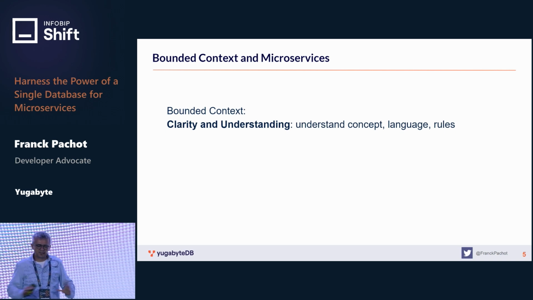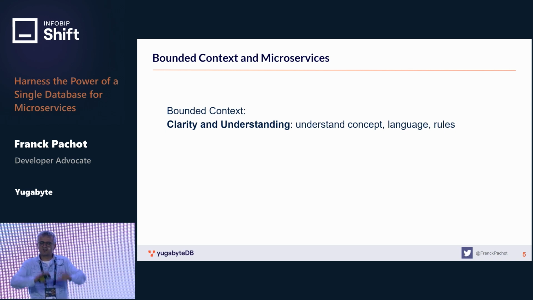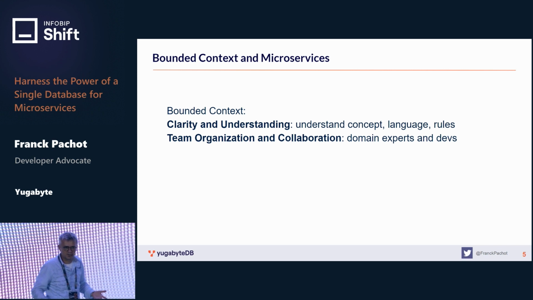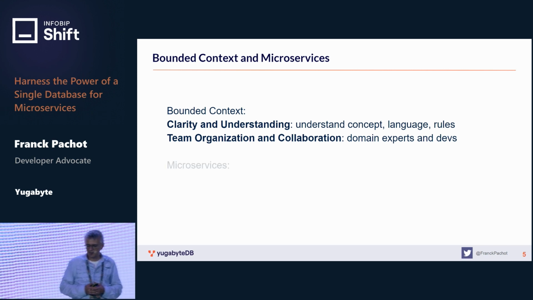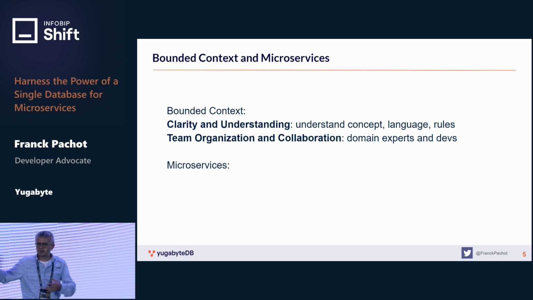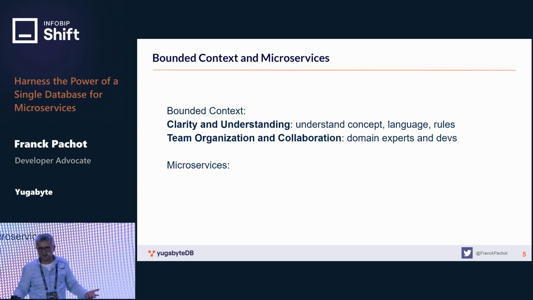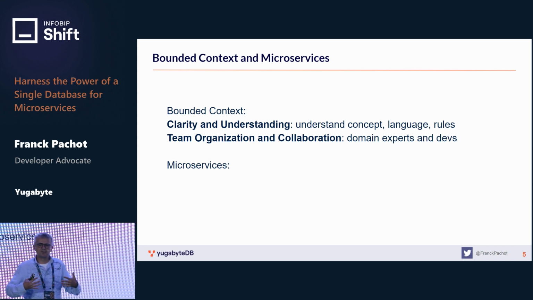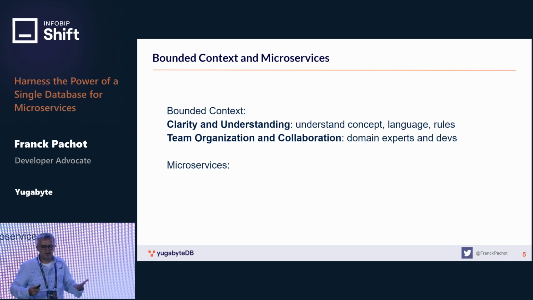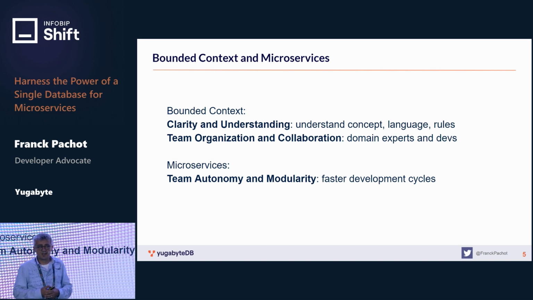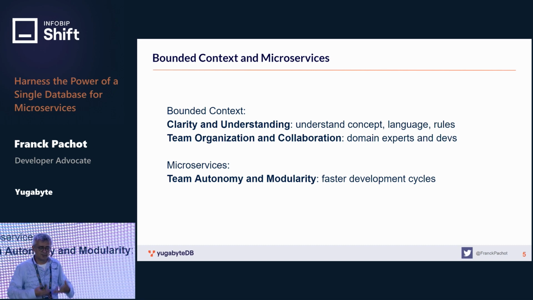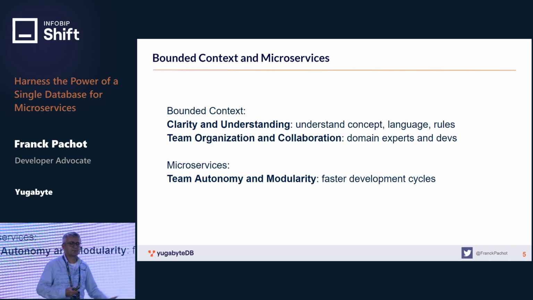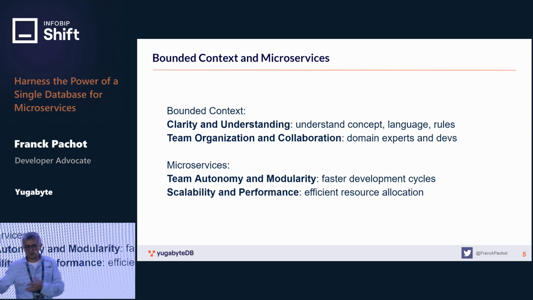Basically, bounded context. The idea is that you have people talking the same business language, knowing the same business rules, and they can work together, collaborate together between domain experts and developers. So that's a good idea. Microservices go a bit further. Even within a bounded context, you may have multiple microservices. That depends on your organization. You do that because you may have different teams. You want different modules.